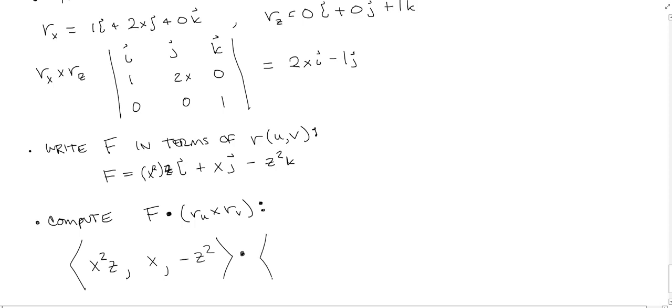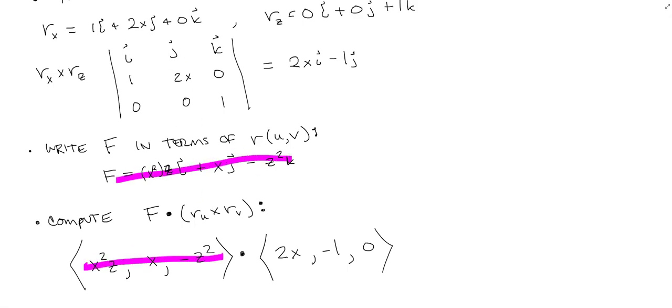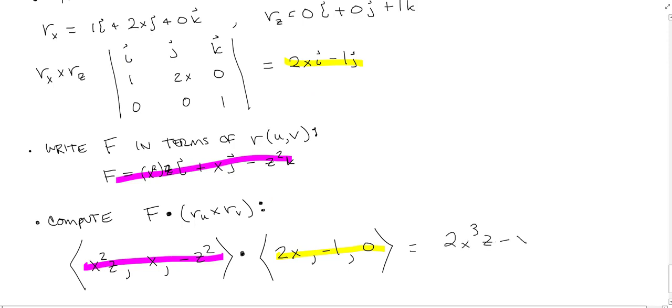Dot that with our cross product vector. That was 2x for the i component, negative 1 for the j component, and 0 for the k component. I'm just looking here for this one and here for this one. Alright, and if you do this dot product, you will get 2x cubed z minus x.